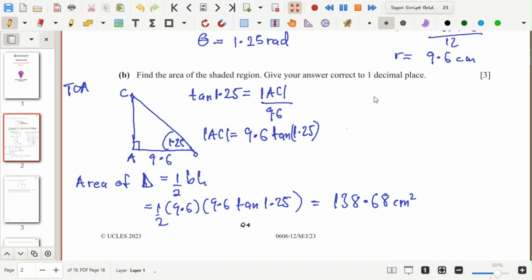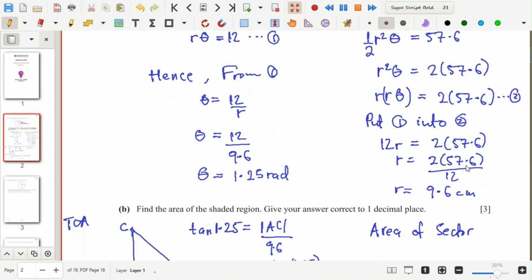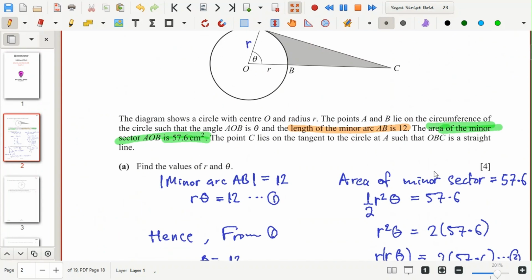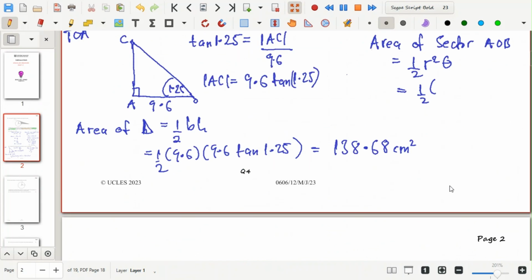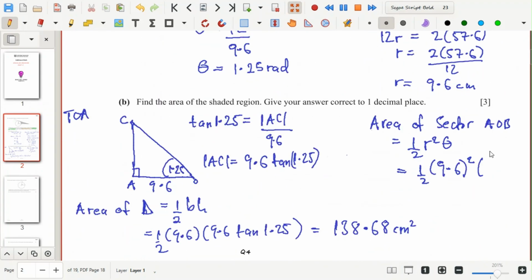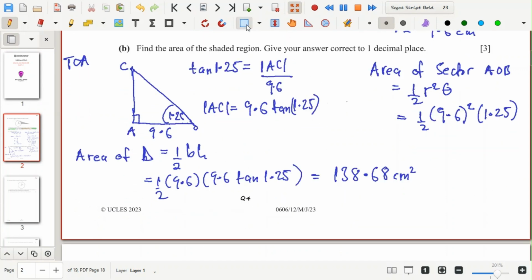Okay, so the area of the sector. What's the name of the sector? The sector is AOB. So this is the formula for area of a sector. What's the radius? The radius is 9.6. Then you square it. What's the angle? Your angle is 1.25.